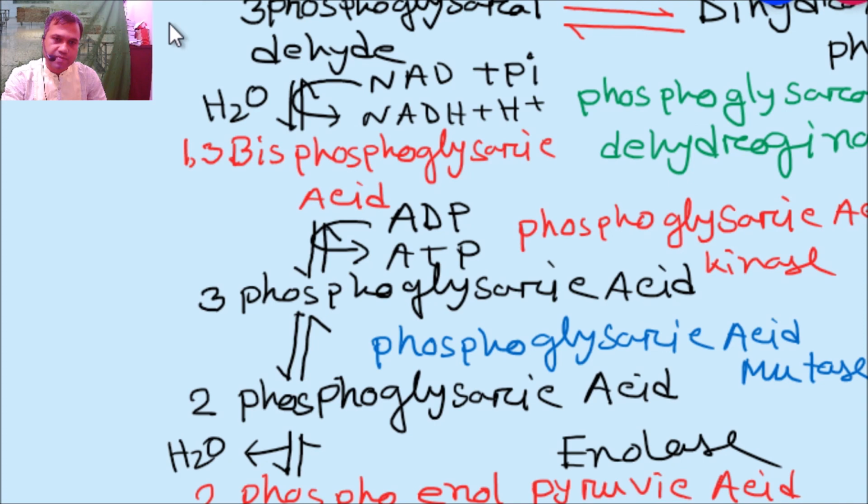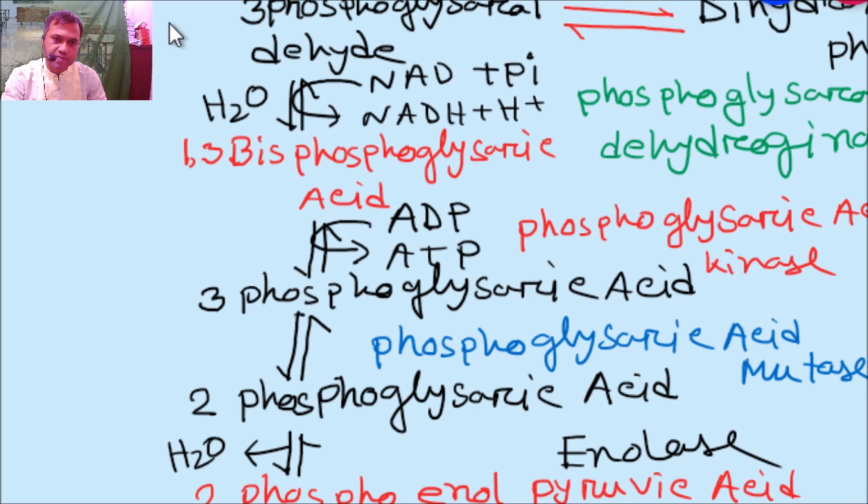This process also produces 2 NADH plus. This NADH plus breaks down in the ETS process, and from 1 NADH plus, 3 ATP are produced. So from 2 NADH plus, 6 ATP are produced.